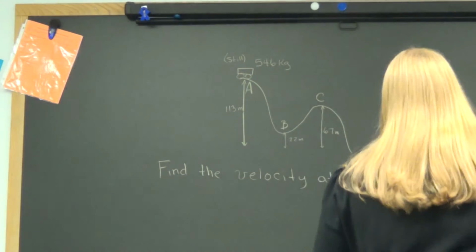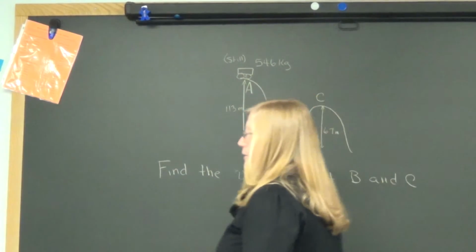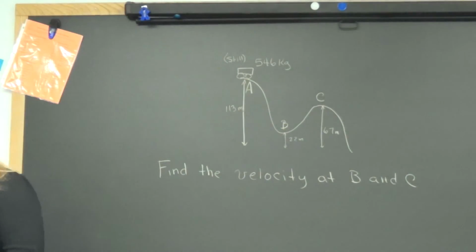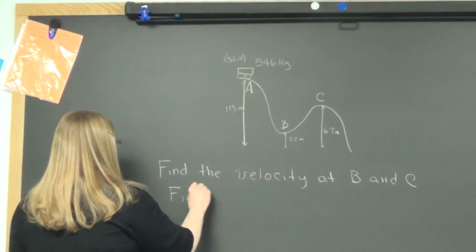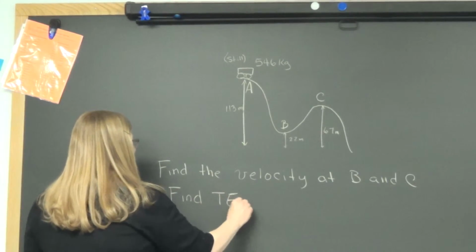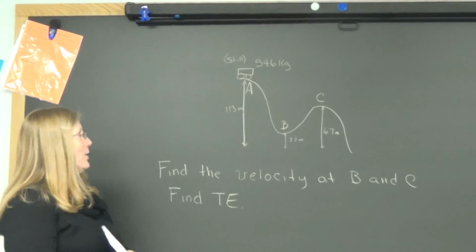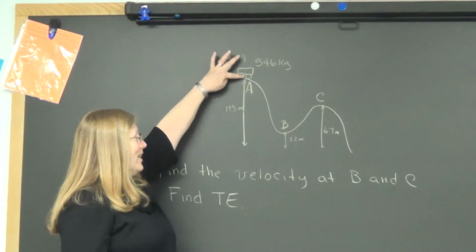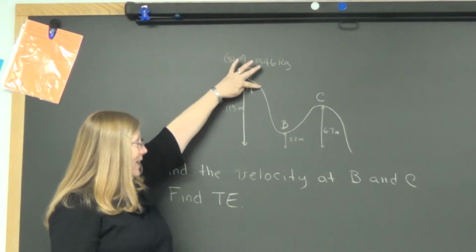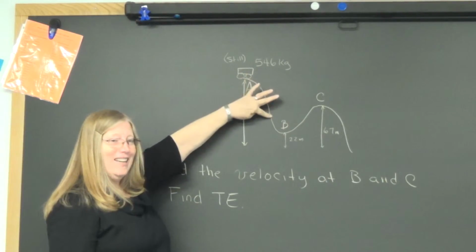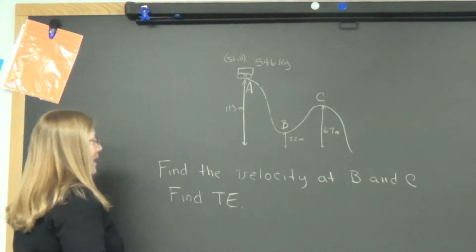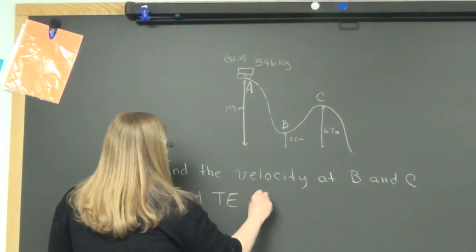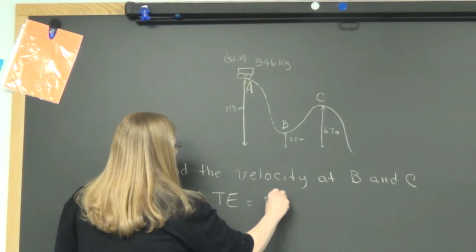To do these problems, even without thinking of what is given and what is asked for, we always need total energy. So where can I go to find total energy? I can go any spot I want to because total energy is the same everywhere. Everywhere on the whole picture, TE is PE plus KE.